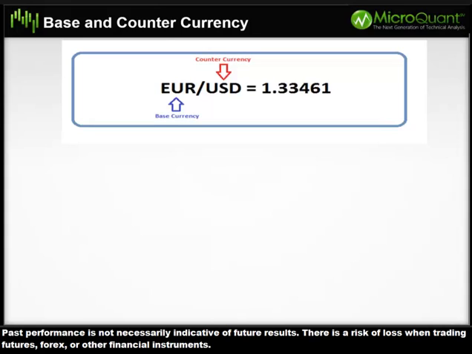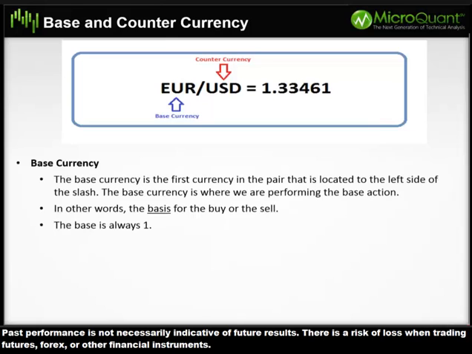So let's talk about base and counter currency. This is an important concept to understand when you're in this market as well. So the base currency is the first currency in the pair that is located to the left side of the slash. The base currency is where we're performing the base action.